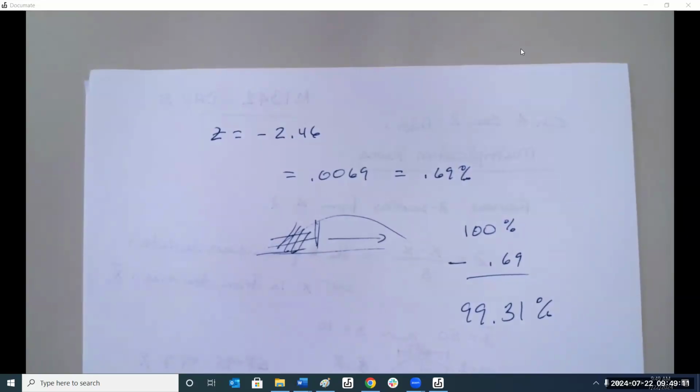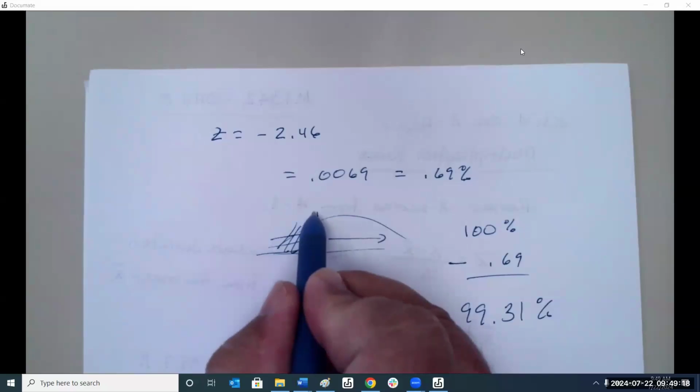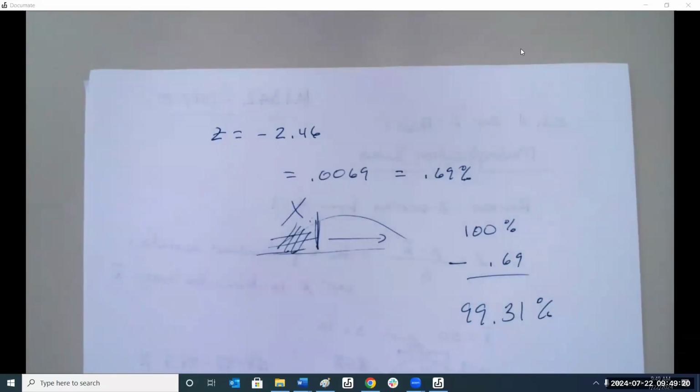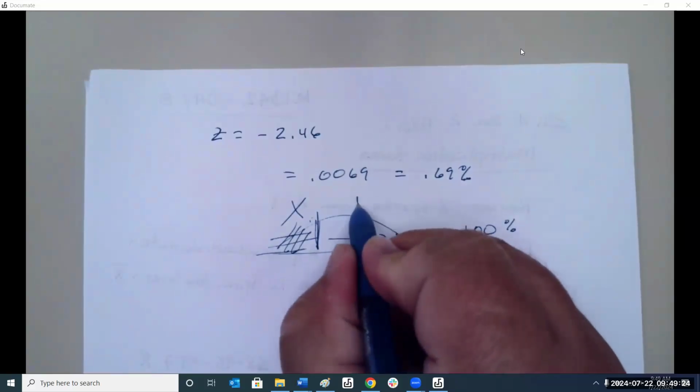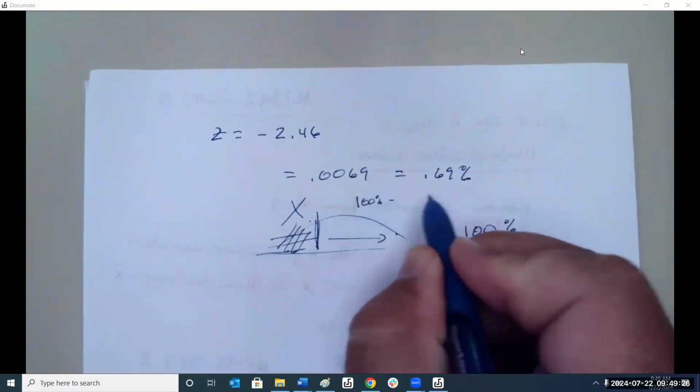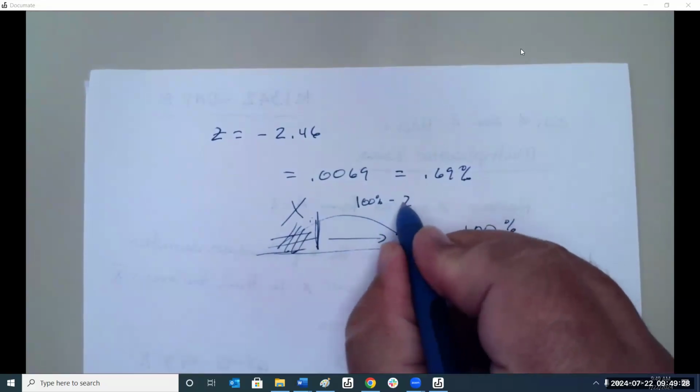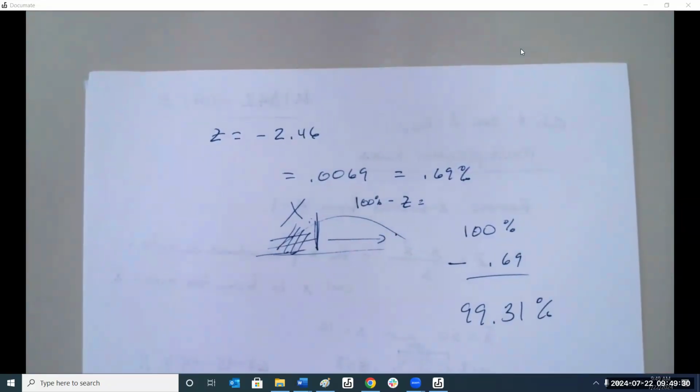That's called, which we're going to talk about in the next section, the complement. Since we were given this information to the left of that z-score, to find everything else, we take 100% and subtract what our z-score was. And that will give us our remainder of the area.